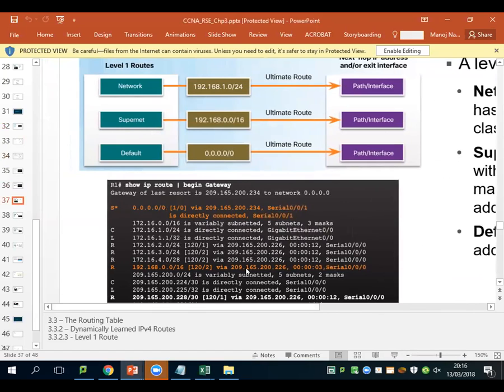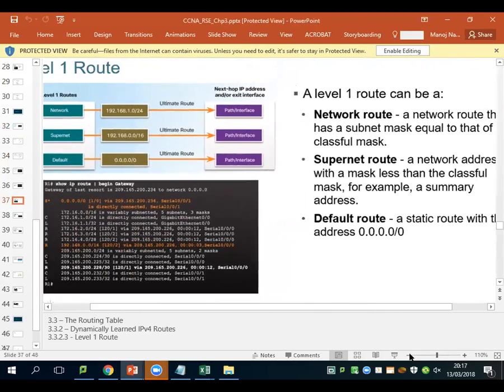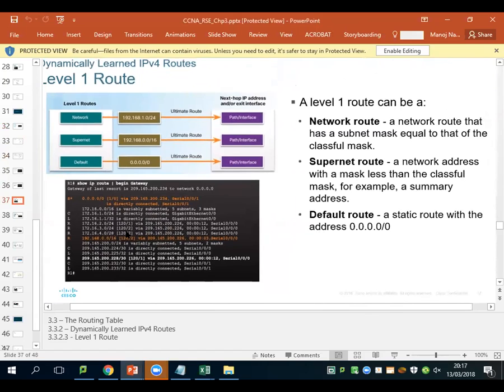This one here is also a similar route, 192.168.0.0 via this address, with a certain timer. This one, because it's got a /16 on it, also has your mask intact.